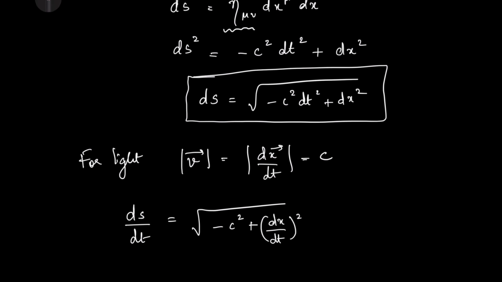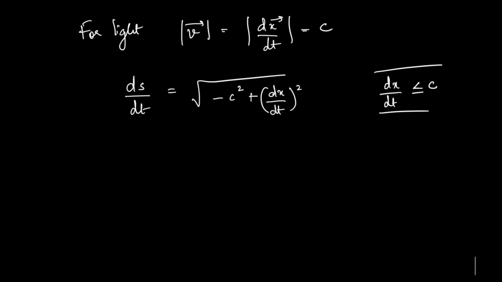So in the case of light, we can see that any particle will have a velocity which can go maximum up to the speed of light. It can never be beyond c, right? So this dx by dt here can be either c or less than c. It can never be greater than c. So ds by dt, suppose it is c, that is for the case of light. For the case of light, dx by dt is c.